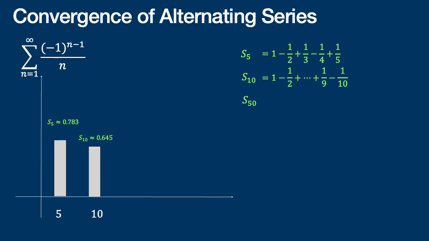Next one is S50. Meaning you add the sequence from the first to the 50th term. That's 1 minus 1/2 plus 1 over 3 minus 1 over 4, all the way to 1 over 49 minus 1 over 50. So n is 50.